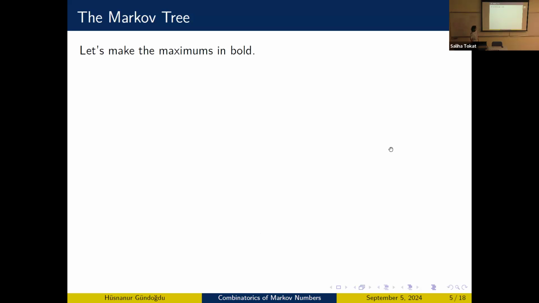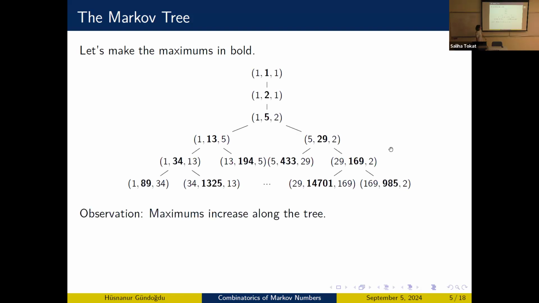So, let's examine the maximums. You can observe the maximums in this tree are increasing along the tree.